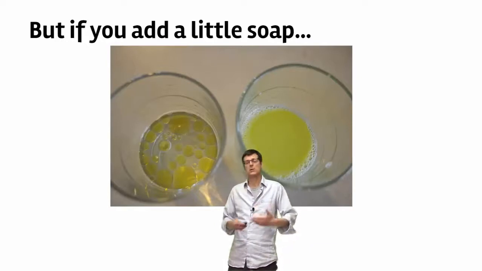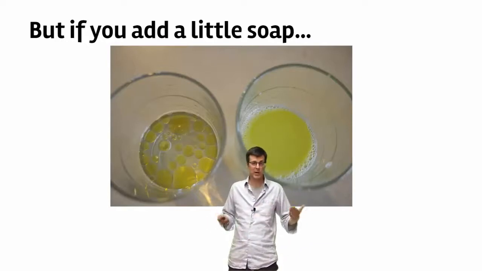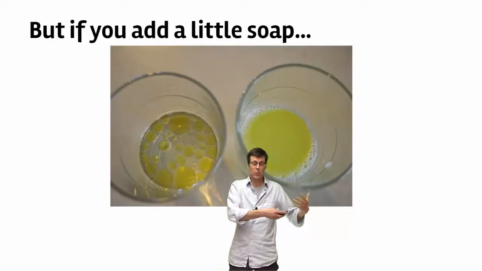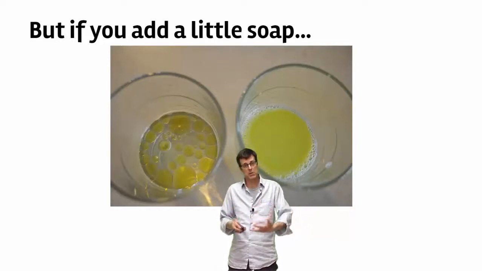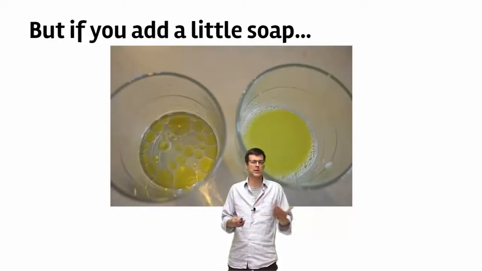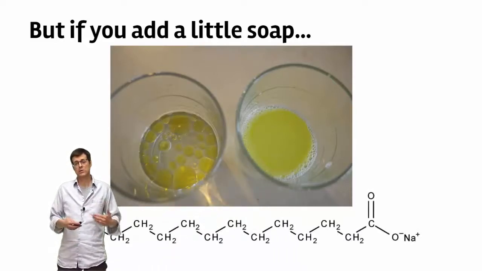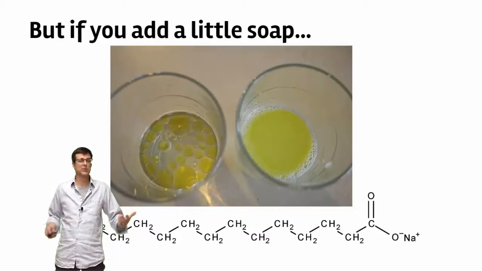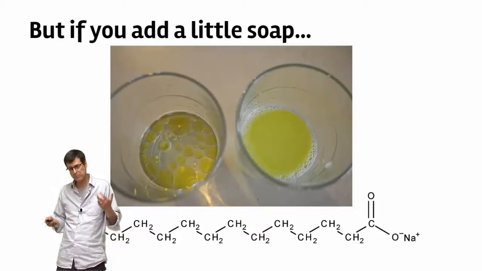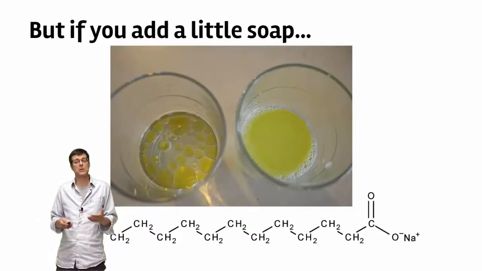So if we add a little soap, then we will turn our oil-water mixture into an emulsion. They're still not dissolved, but they will actually mix together. The reason for that is if I look at a molecule of soap, and if you took a Pioneer unit way back in the day, with making soap, they start out with using fat.